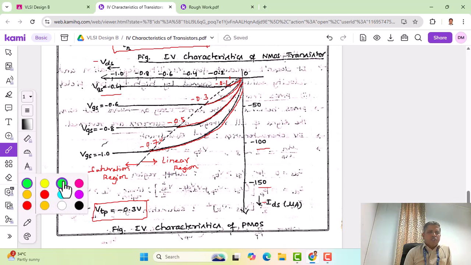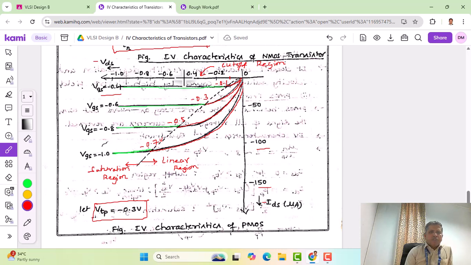Let me show the saturation region in green color, the curves that represent the saturation region. It commences from minus 0.7 and it goes like this. So minus 0.5 it commences, here it commences at minus 0.3. This is the saturation region. And at the bottom, when the VGS is more than VT, we have a cutoff region here, exactly on the x-axis.